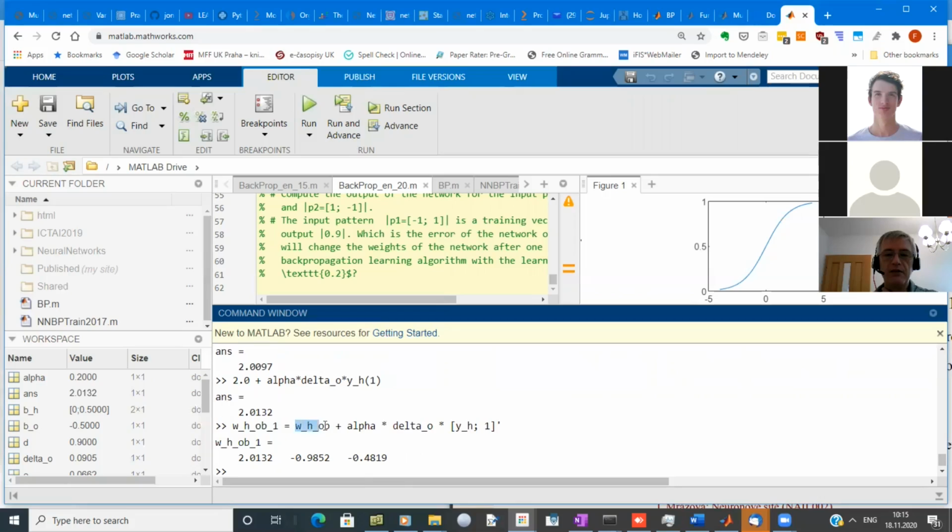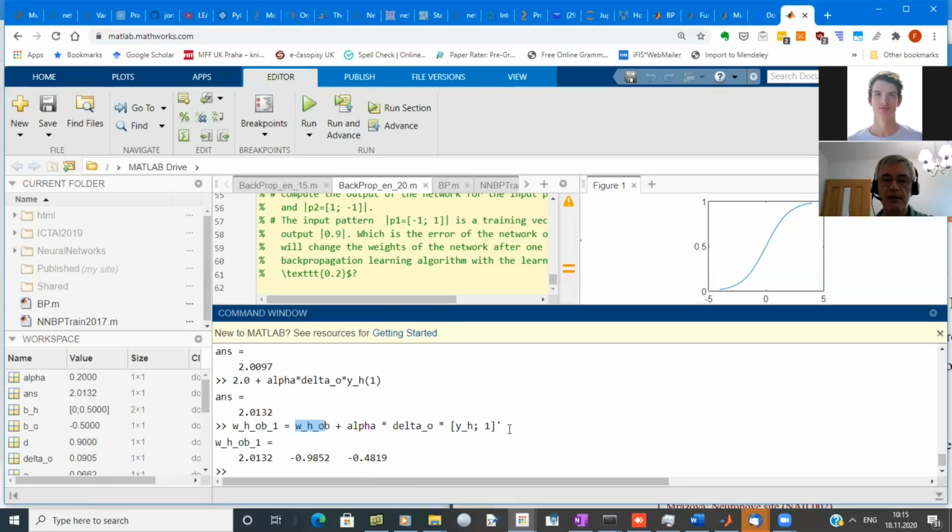So these are the original weights plus learning rate alpha times delta O times values which are obtained from the hidden neurons, and also the virtual hidden neuron. This is the one.